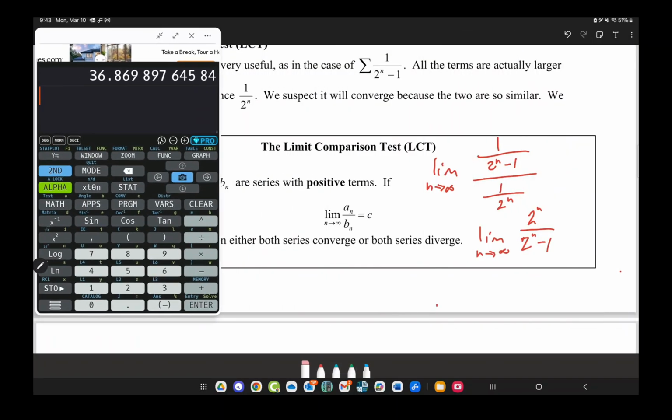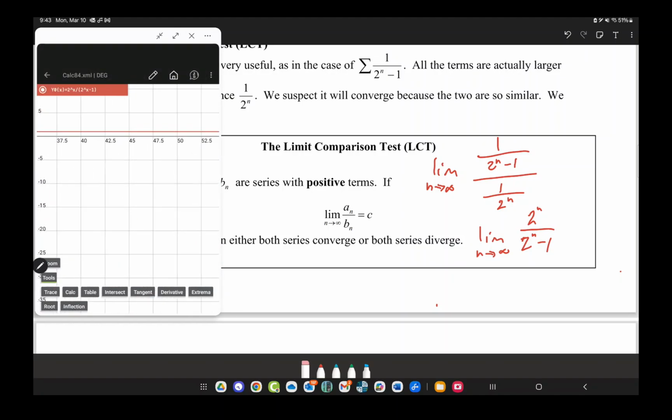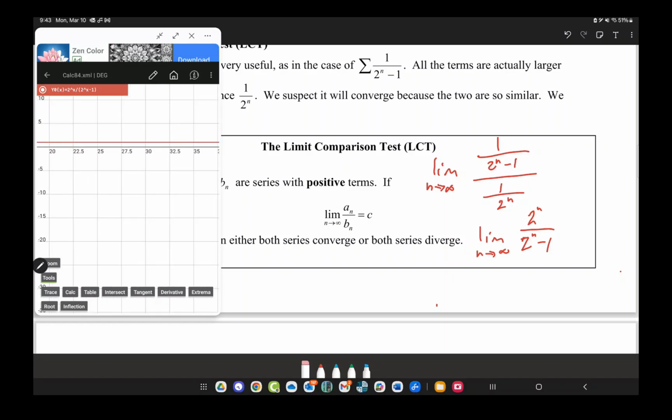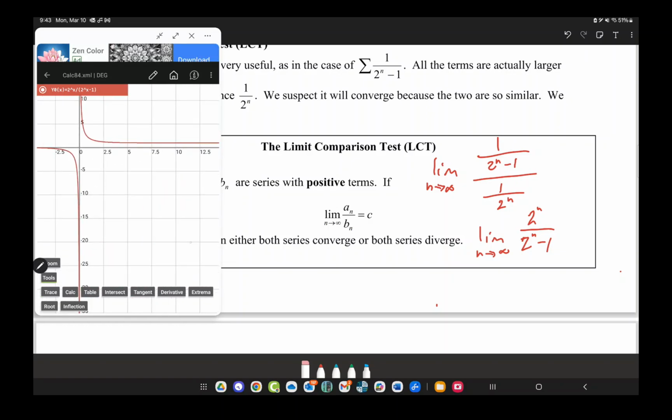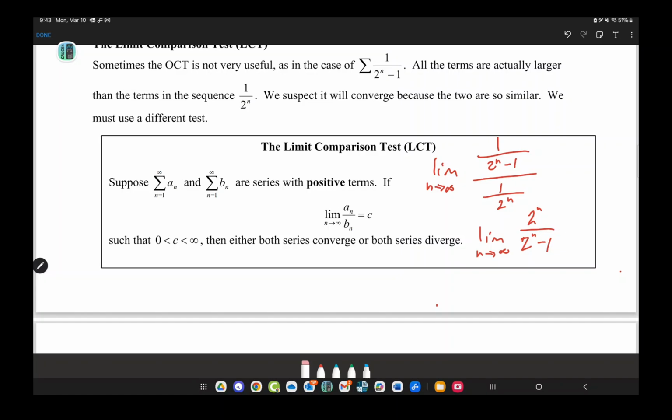So as n is going to infinity, is it flattening out? Is it reaching a constant? Yeah, it is. It is getting closer and closer to a constant. You will need calculus.